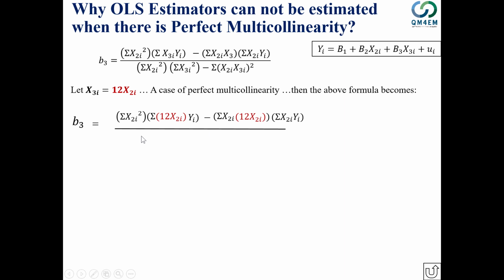Divided this whole with summation x2i square, as it is. Then summation x3i square, so I will take the square of 12x2i, so summation 12x2i whole square, then minus summation x2 x3 whole square. So summation x2i multiplied with 12x2i, whole square. So all I did is replace the x3i values with 12x2i, and I made it a different color so that it's visible.